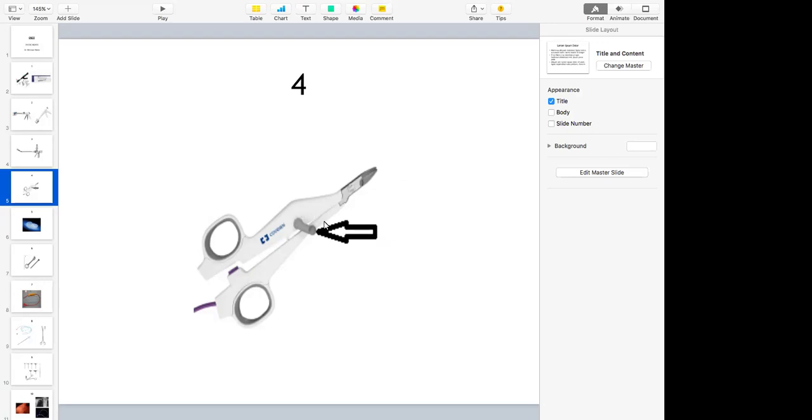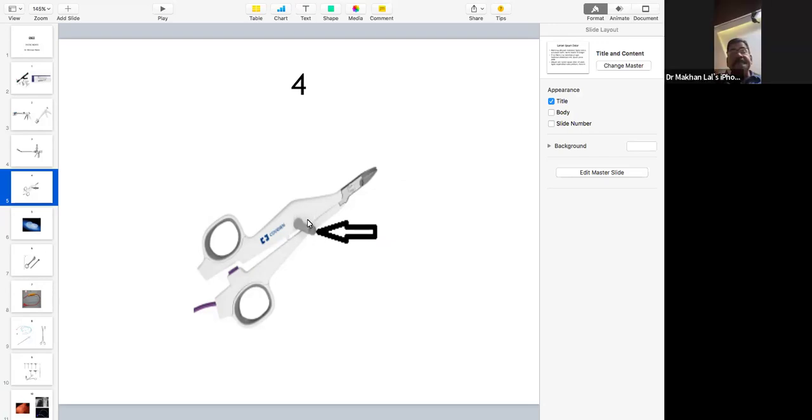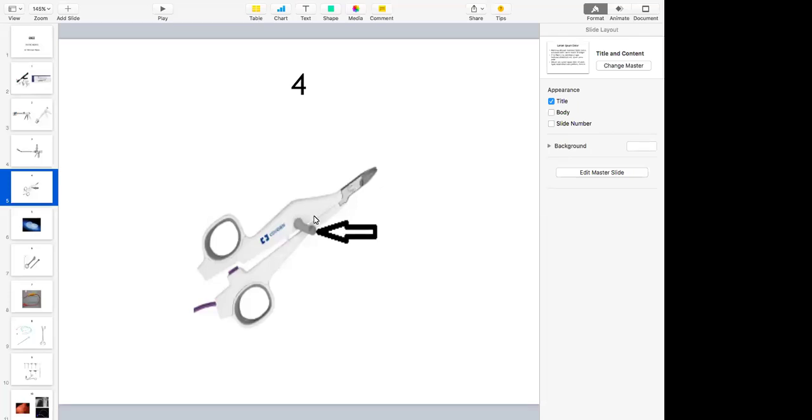This is the cold knife. This is the knob for the cold knife. After you have coagulated a vessel, you move this so that it cuts. So the ligation device has a mounted cold knife with it.